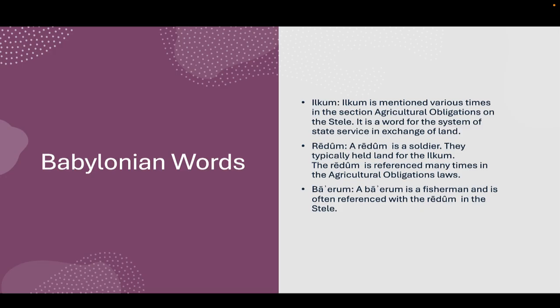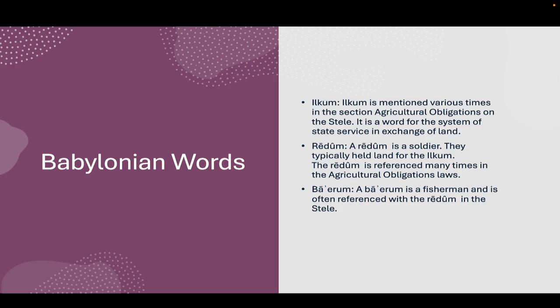So I found 3 Babylonian words, which I just figured it would be nice to include all 3. So the first was ilkum, which was mentioned in the agricultural obligations, and it is a word for the system of state service and exchange of land. A redum, which I found a little bit more research on, is a soldier, and they held land for the ilkum.